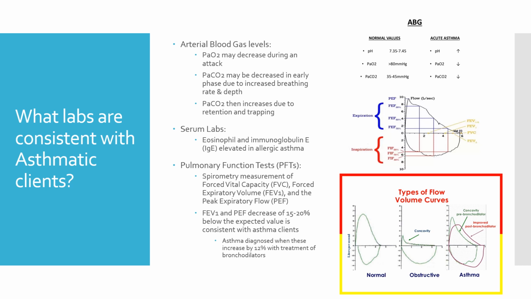But remember, as it continues to go on, or with chronic asthma, they may get to the point where their CO2 becomes trapped and therefore is increased. Lab-wise, they're going to show an elevation in their eosinophils and immunoglobulin E. These are usually associated with the allergic inflammatory response related to asthma.